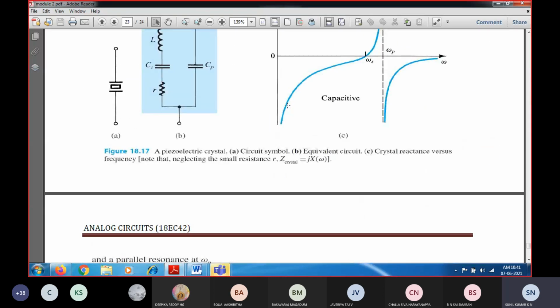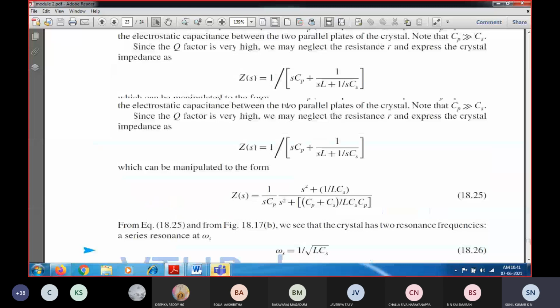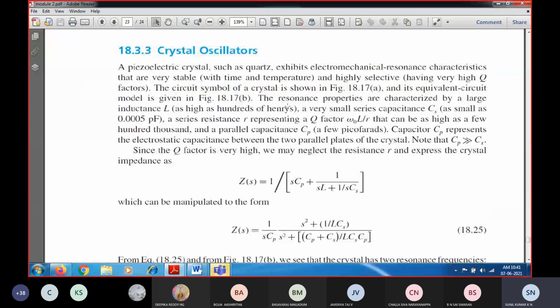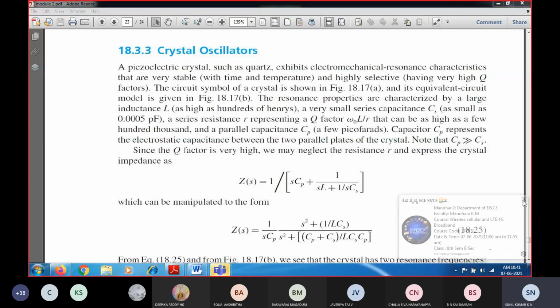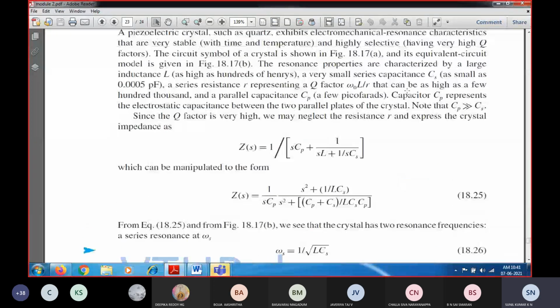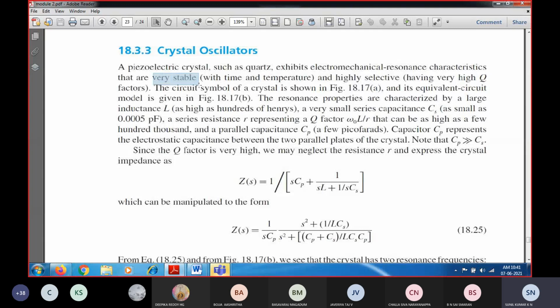Today's class we have just seen about the crystal oscillator. This crystal oscillator is going to have a very high Q, and it can be operated from a few hundreds of megahertz to few hundreds of gigahertz. The reason we go for the crystal oscillator is that it provides very stable oscillations with time and temperature.